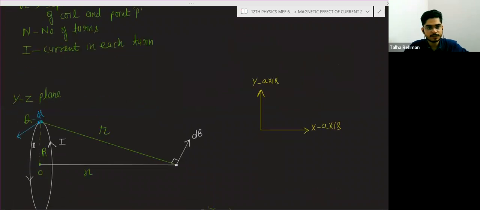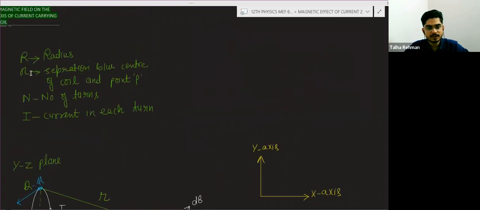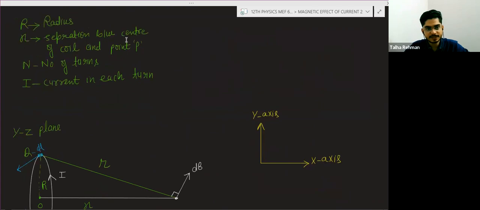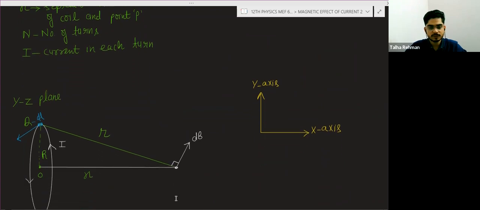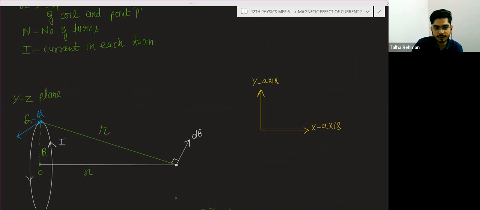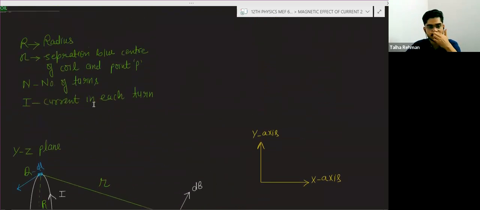R is the radius of this coil, this capital R, and x is the separation between the center of the coil and this point P. Here is some point P, and N is the number of turns in the coil, and I is the current in each turn. So we are just calculating for one turn of the coil.